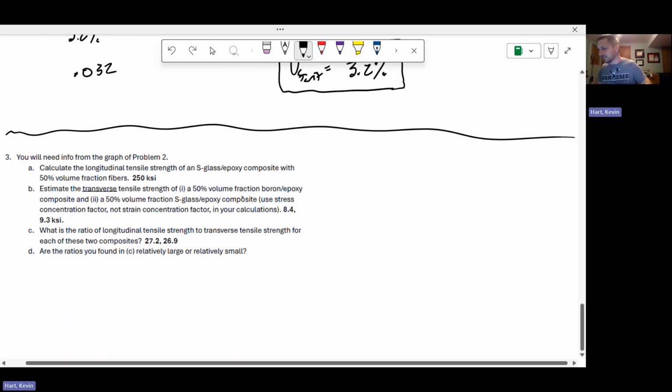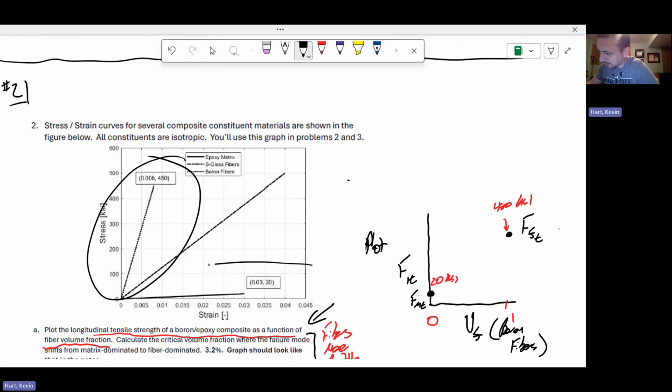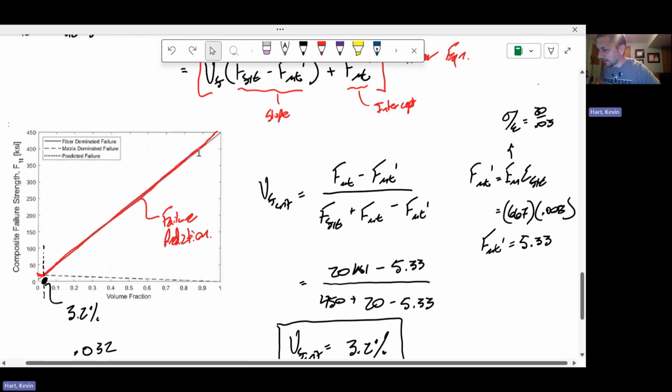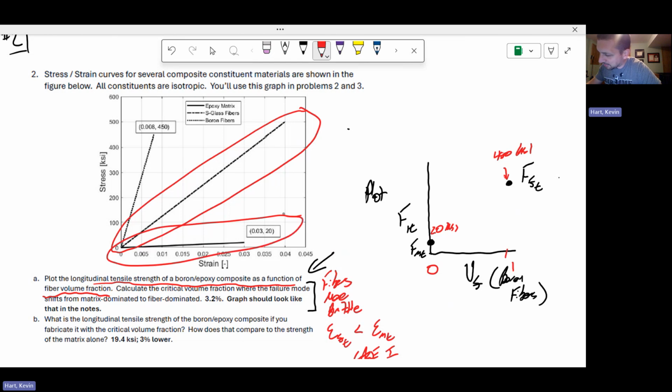So instead of using boron in epoxy, we're going to use the S-glass fibers now in epoxy. So we're going to look at this fiber with this matrix material.